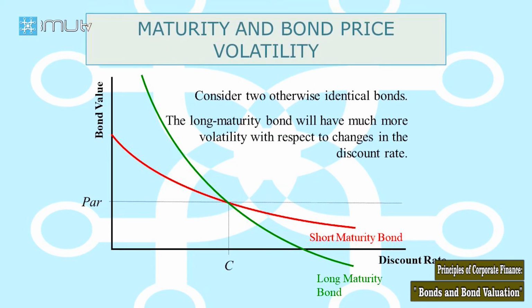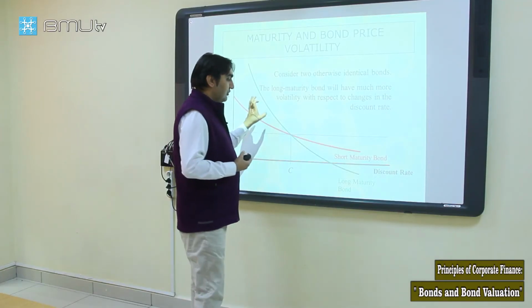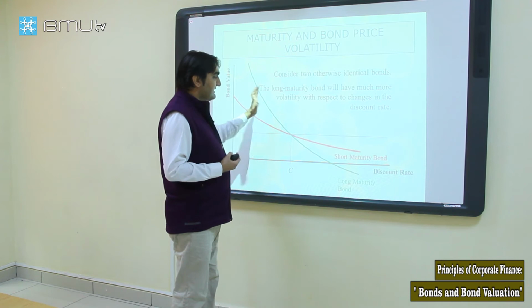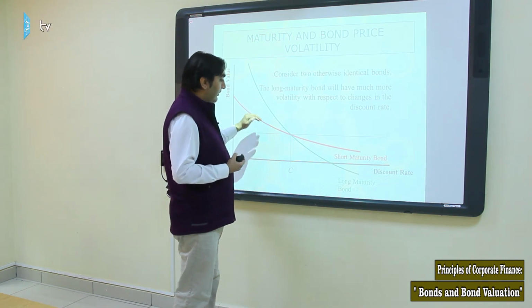Here let's look at maturity and bond price volatility. As we said, long-term bonds have a higher interest rate risk and are very sensitive to changes in interest rates than short-term bonds. Here we see a long maturity bond and a short maturity bond. The long-term bond graph is steeper than the short-term bond.